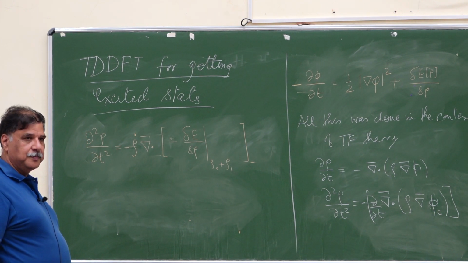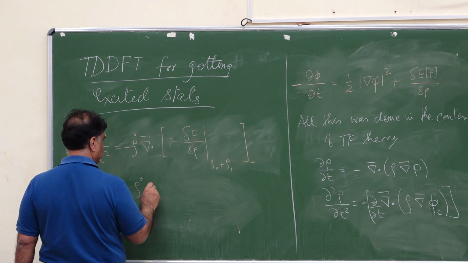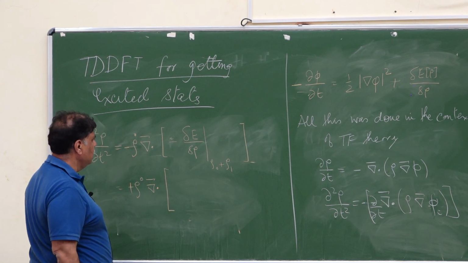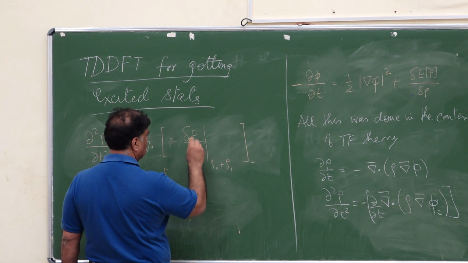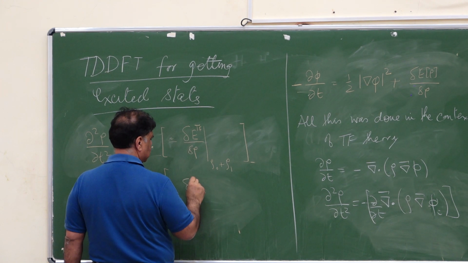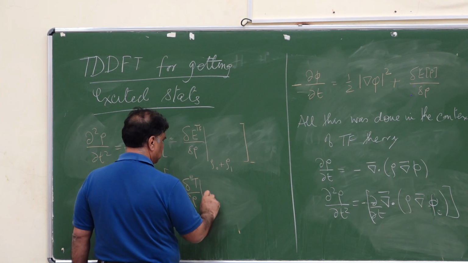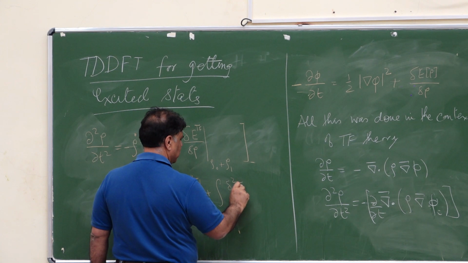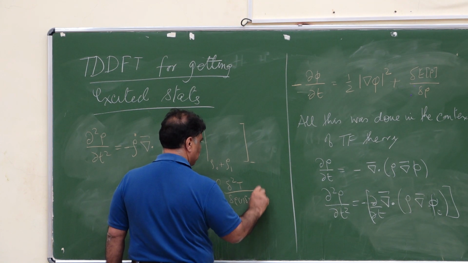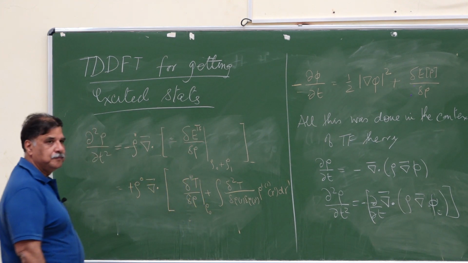So this is fine so far, which I can write as minus rho 0 divergence of, minus minus will be plus, dE by d rho, which is going to be, for Thomas-Fermi, delta T by delta rho at rho 0 plus integration delta 2 T by delta rho rho prime rho 1 r prime dr prime.